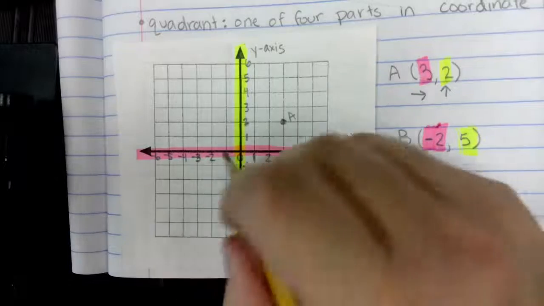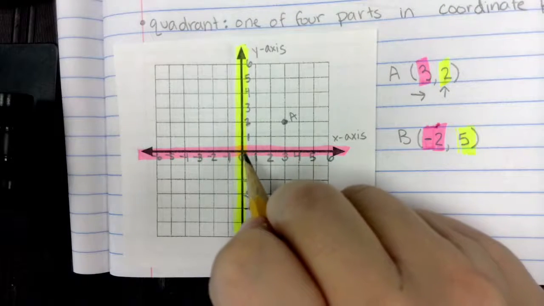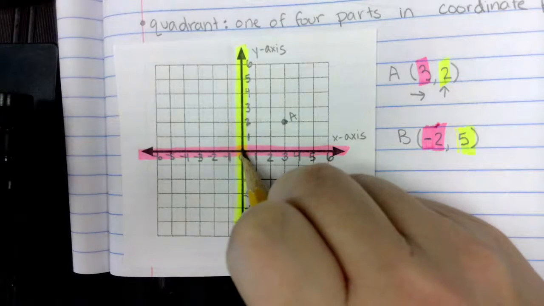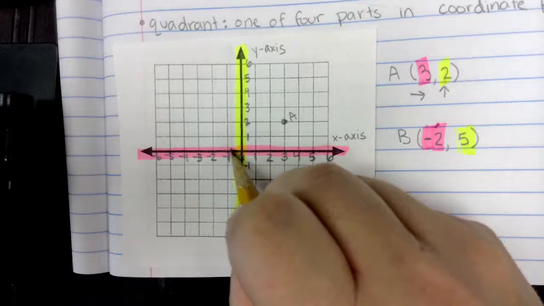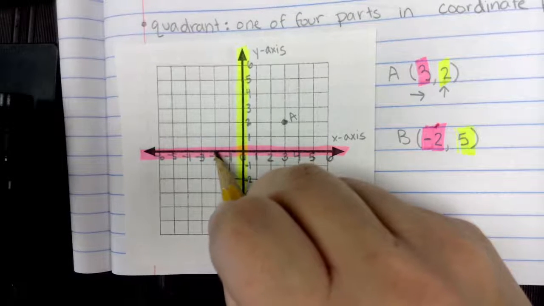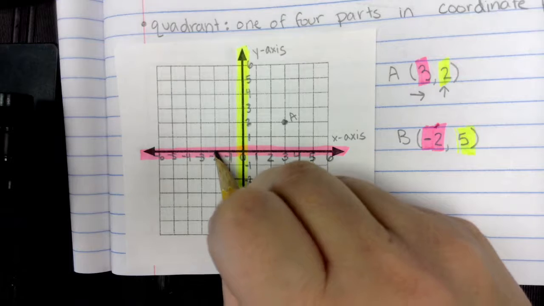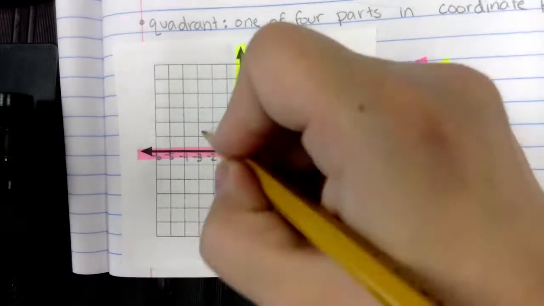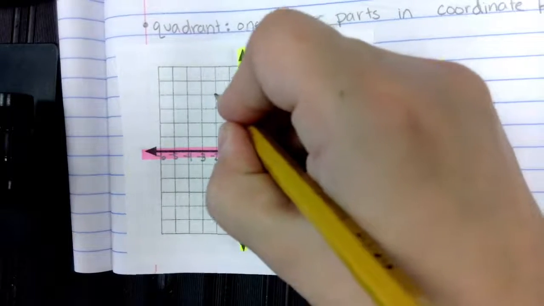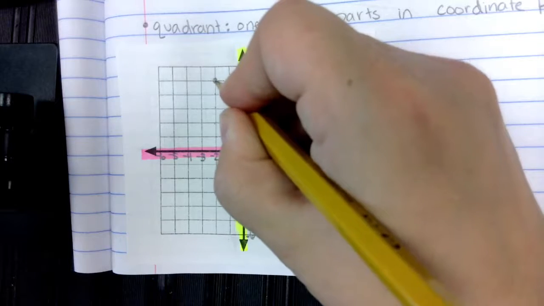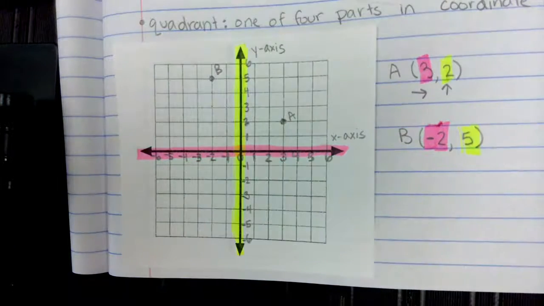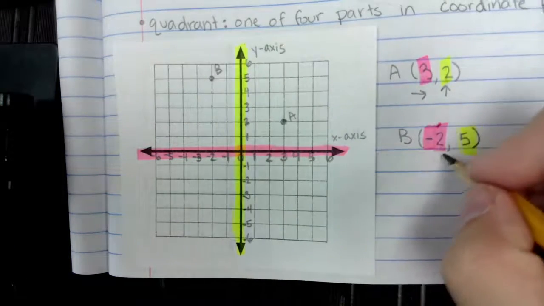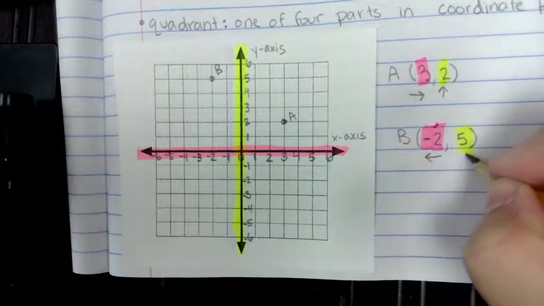So again, we start at that origin. -2 tells us to move which direction? Left, because it's on the pink, so I'm just looking either right or left. So I'm going to go left, -1, -2, and then 5. Up. 1, 2, 3, 4, 5. Good job. So this time we went left and then up.